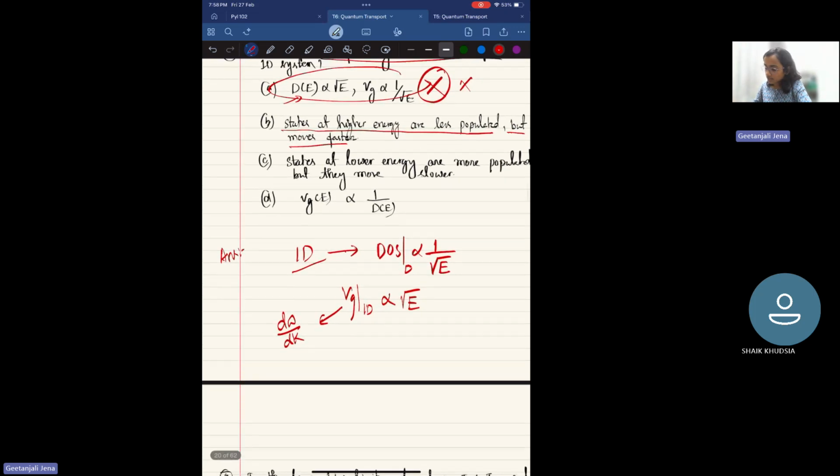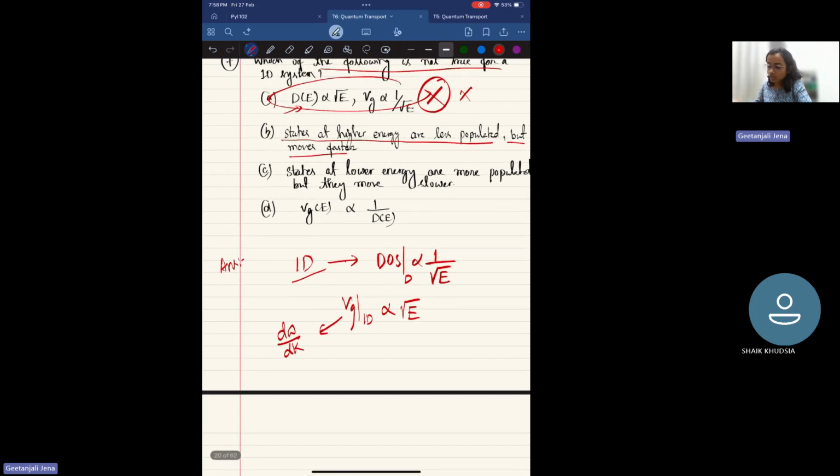The density of states is inversely proportional to square root of E. So if the energy increases, moving to higher energy levels, the density of states will decrease, which means these states are less populated.